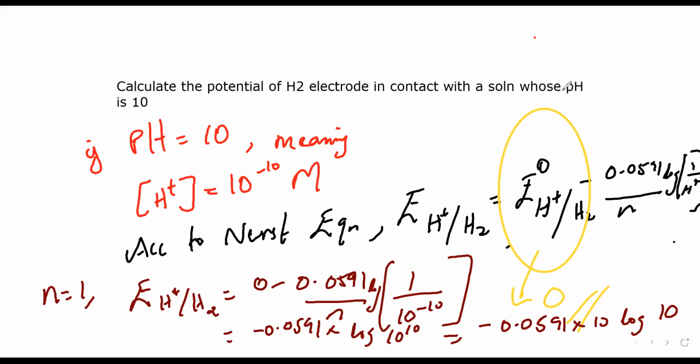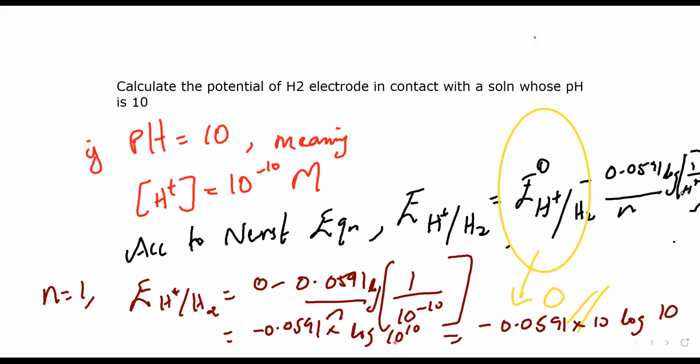So guys, coming to this problem, if I want to just put it in short: calculate the potential of hydrogen electrode in contact with a solution whose pH is 10. Very easy problem. Only thing is that we have to know the Nernst equation. The general formula: E is equal to EMF, the maximum voltage of that particular cell. EMF is equal to standard electrode potential minus 0.0591 by n log of 1 by H plus. H plus value we already know, 10 power minus 10. So 10 power minus 10 will go to the top, it will become 10 power 10.